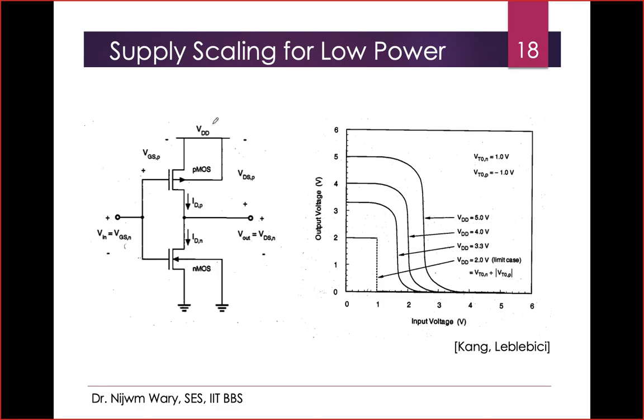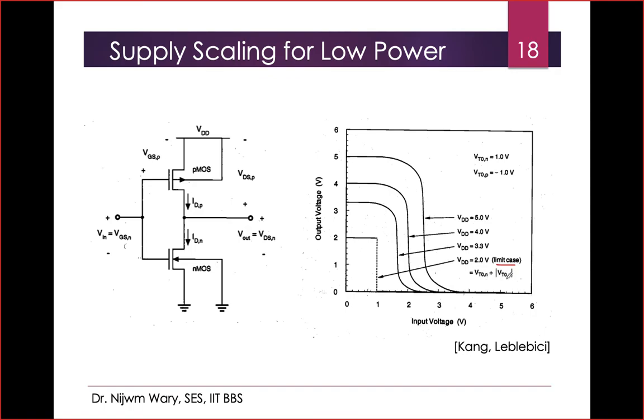So how do the inverter characteristics differ whenever I go for low power? We can see that the inverter characteristics still maintain their value, right? It still works whenever you are decreasing the supply voltage to a lower value. Of course, there is a limit. The limit case is that VDD should not be less than the threshold voltage of the PMOS plus the threshold voltage of the NMOS.